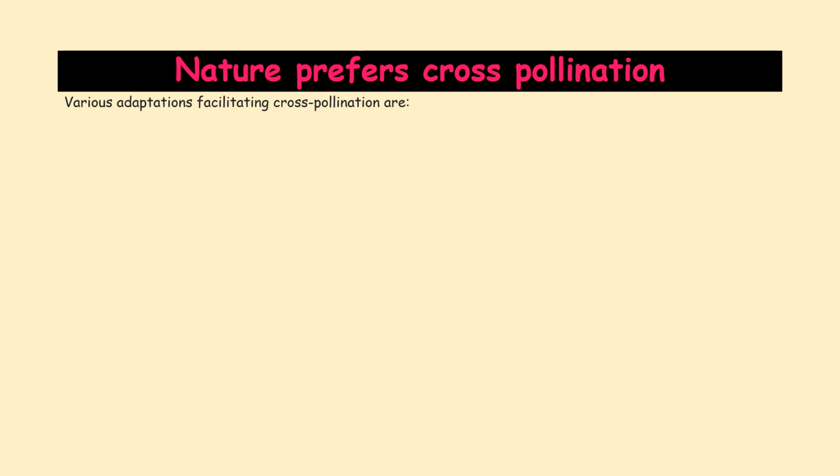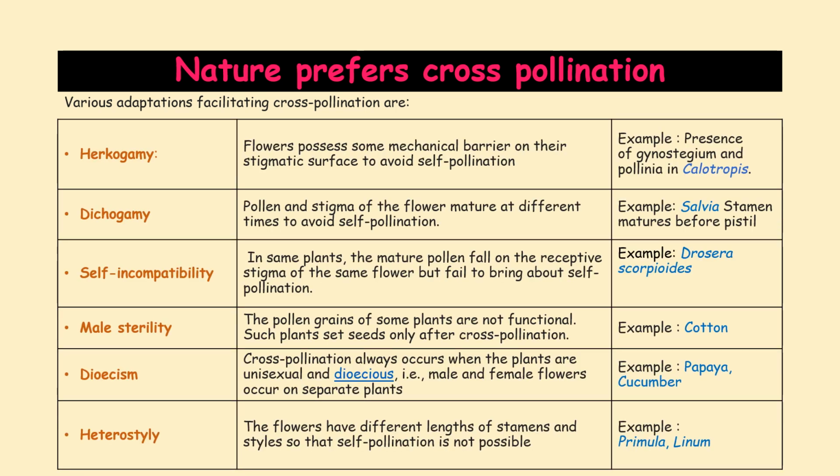If we look around us in nature, we will see that there are various adaptations in the plants which facilitate cross-pollination. And this shows that nature prefers cross-pollination. Let's see some of these adaptations. The first one is herkogamy.